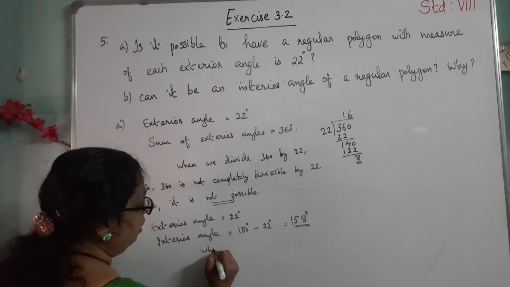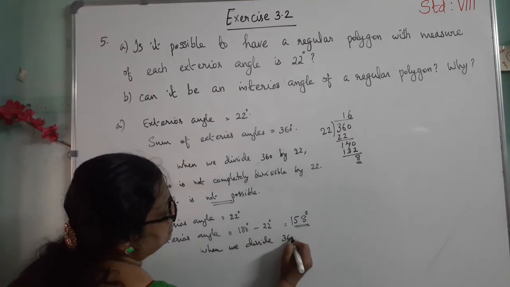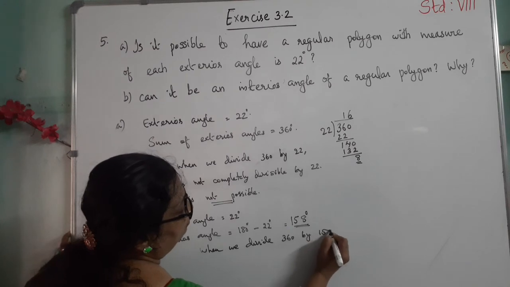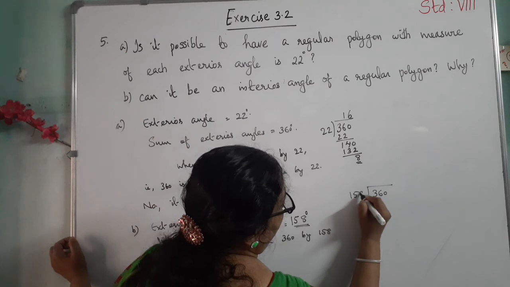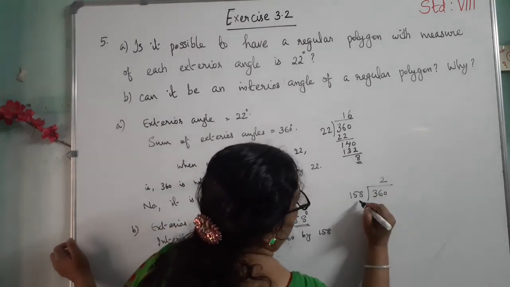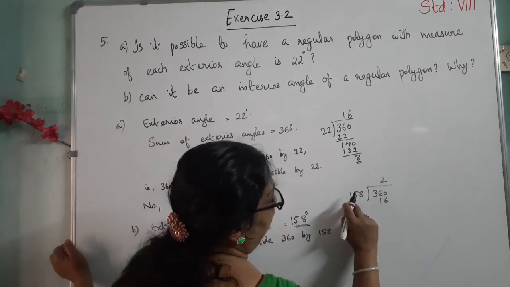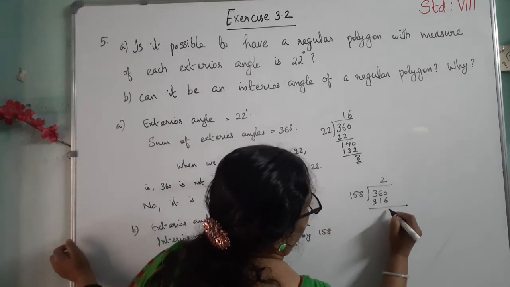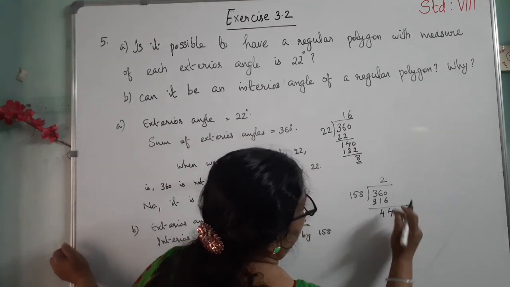So when we divide 360 by 158, the remainder is 44.